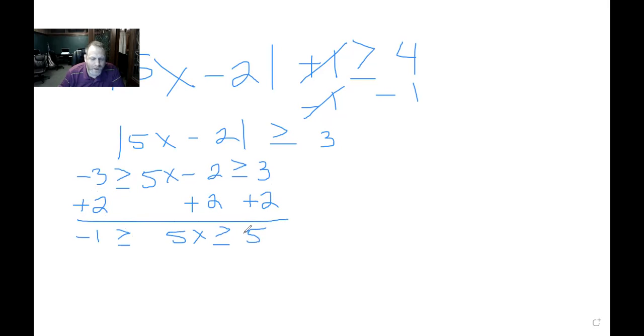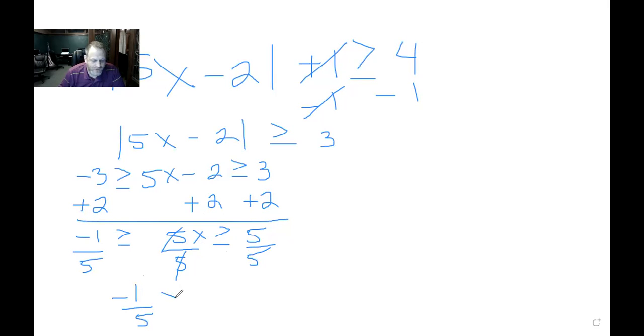All right, guys, now we have to get rid of this 5 and get the x by itself. So we're going to have to do it across all. What you do to the middle, you do to both sides. All right. And so now we have -1/5.